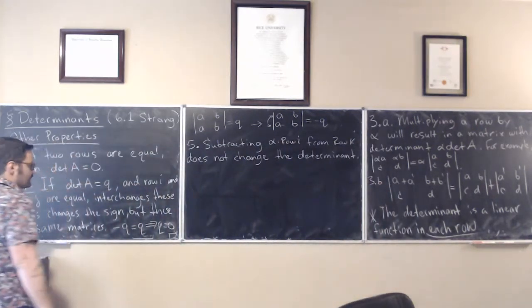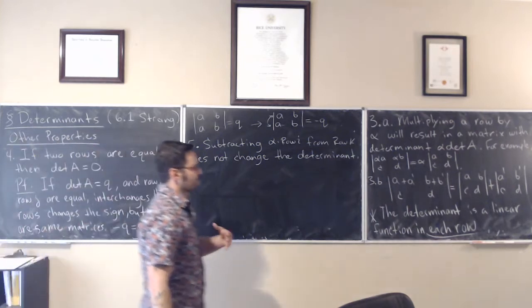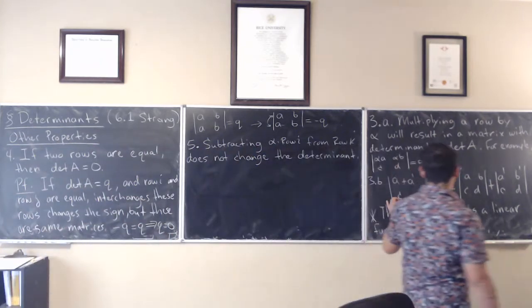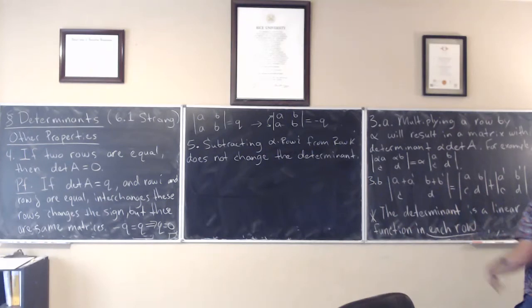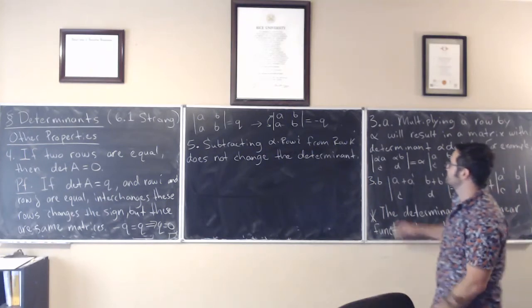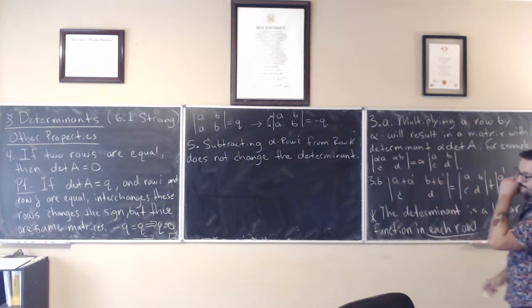Okay. So if you take a multiple of a row and then subtract it from another row, it does not change the determinant. And that's a mixture of 3A and 3B.